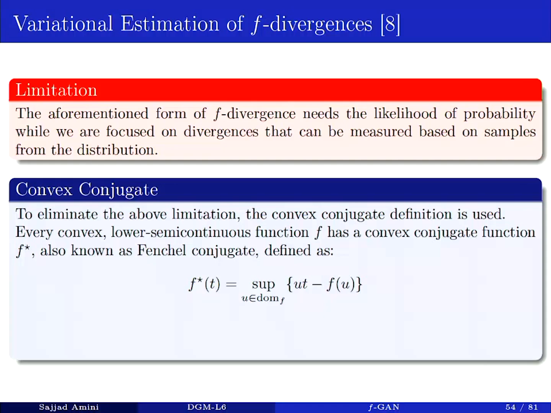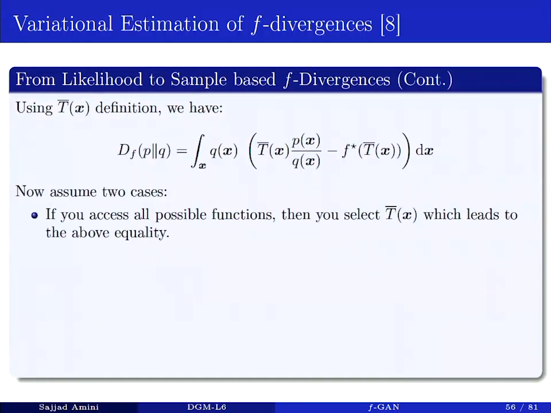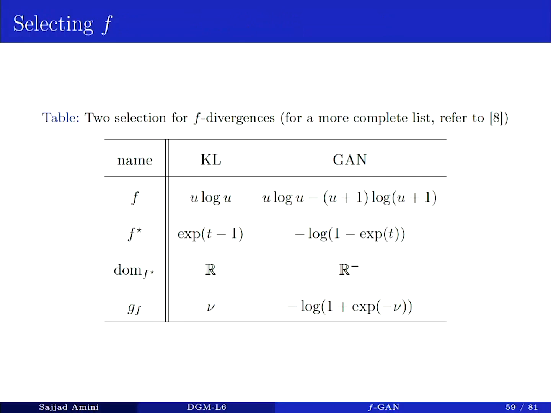So for each point t, I can find the value of the convex conjugate function. Using the same procedure, I can find f star for all the points. But pay attention that we do not want to use this formulation. This is just the definition. After this point, we just talk about functions and their convex conjugates.